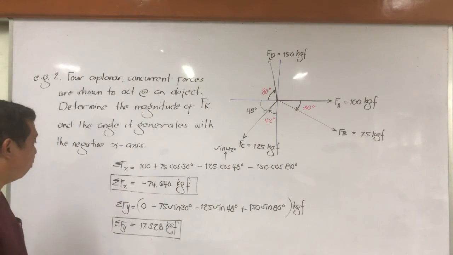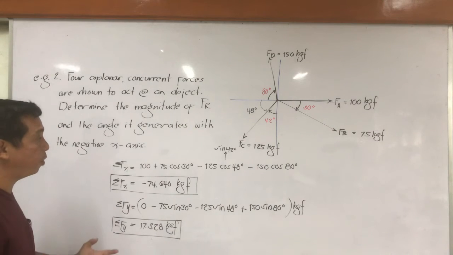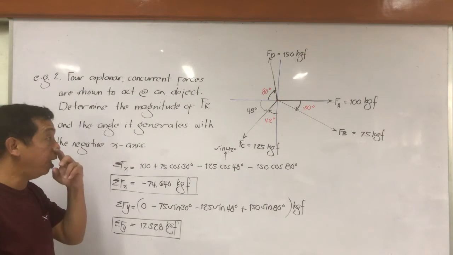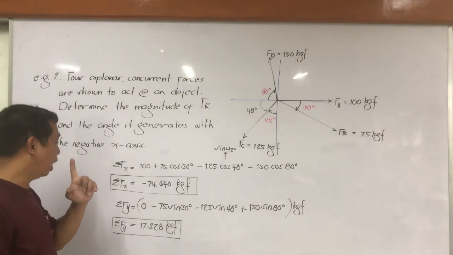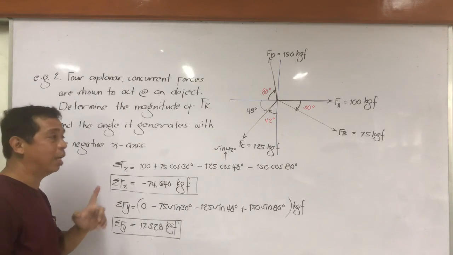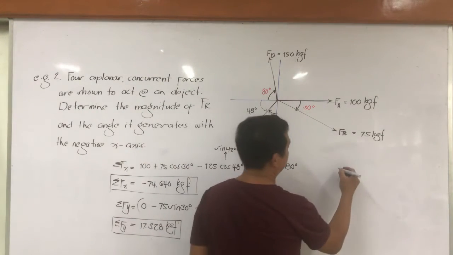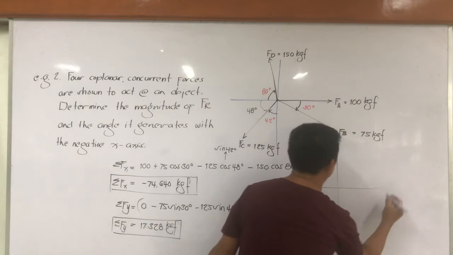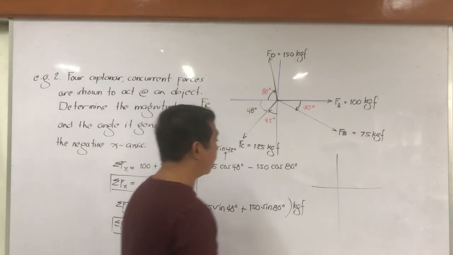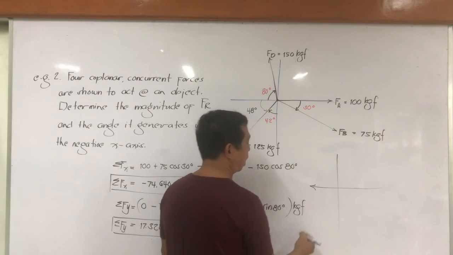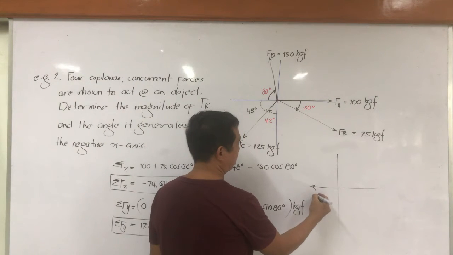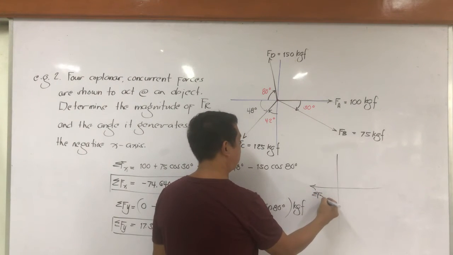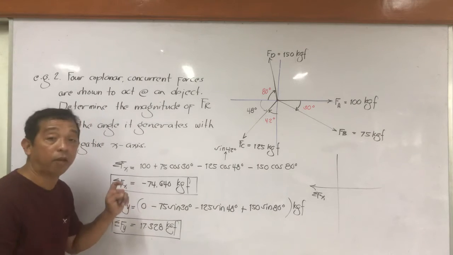Now that we're able to solve for summation forces X and summation forces Y, kukunin naman natin ang resultant niya. Kung ipaplot natin yan, ang force natin sa X appears sa negative, sa west. Summation forces X. Bakit? Dahil negative yung value.